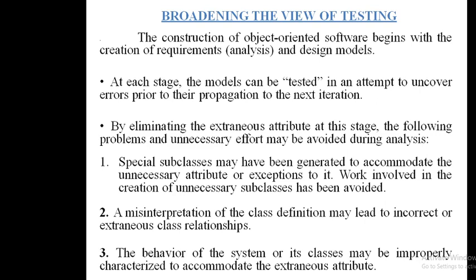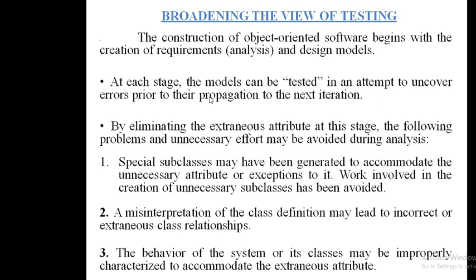To maintain this environment, we consider two stages: one is the analysis stage, another is the design stage. That means the unwanted extra attributes, the problems and unnecessary efforts, must be avoided in the analysis stage itself.